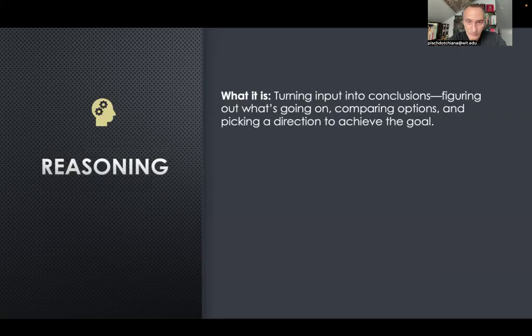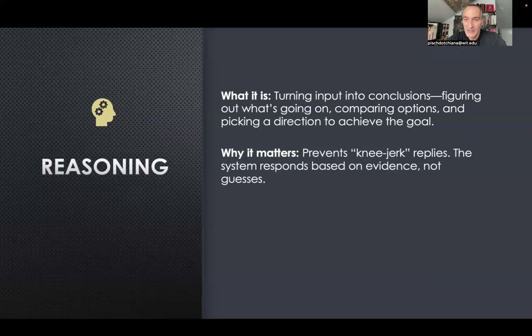Reasoning. What is it? All these slides are going to follow those 3 artifacts in here. Turning input into conclusions, figuring out what's going on, comparing options, picking a direction to achieve the goal. Why it matters? Well, it prevents knee-jerk replies, recalcitrant replies.